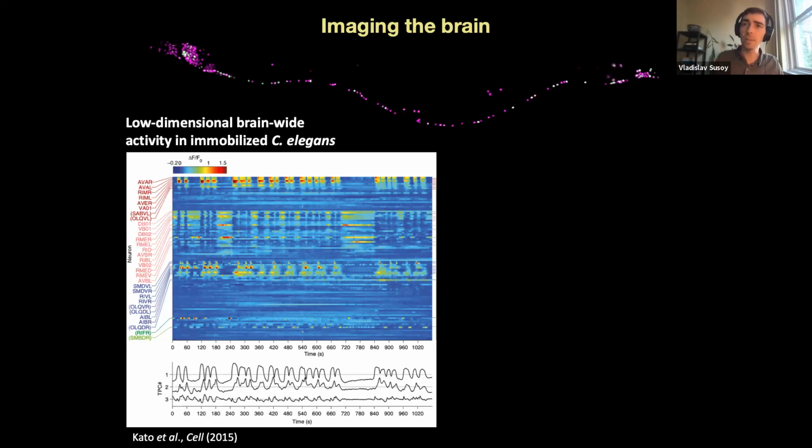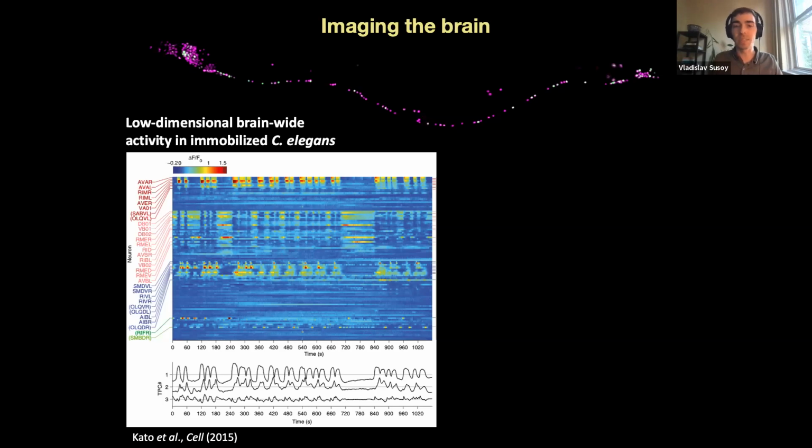And what they found was kind of surprising. First of all, they found that there is quite a bit of activity in the brain of the immobilized worms. But also this activity is very, not to say boring, but very low dimensional.